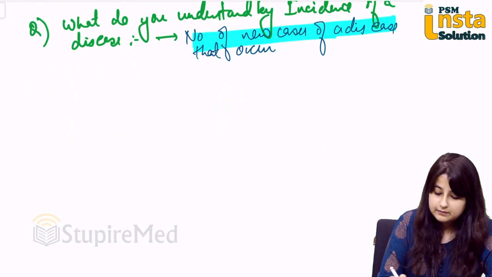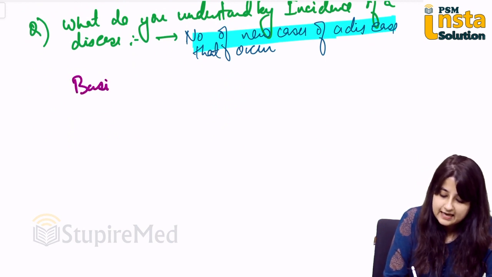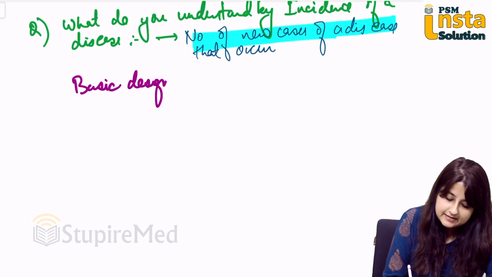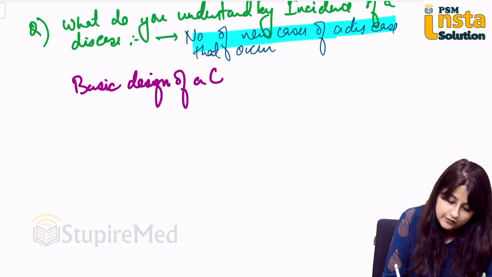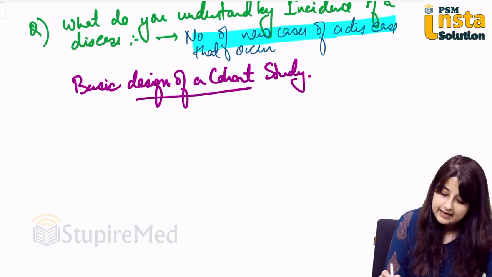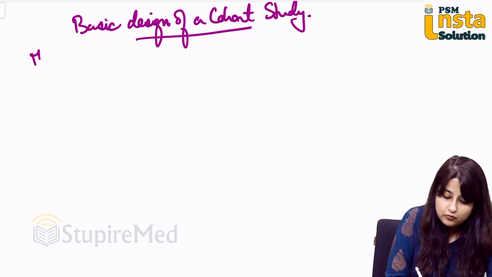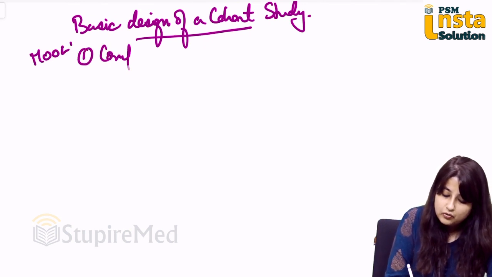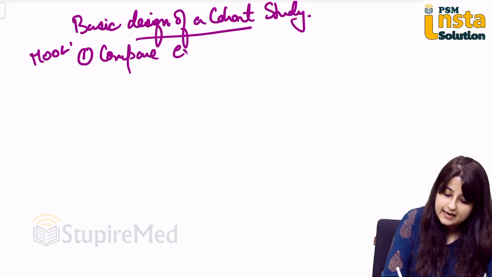If you talk about the basic design of a cohort study, what happens? Remember the basic mantra for cohort study. In a cohort study, you have to always compare exposed with non-exposed.